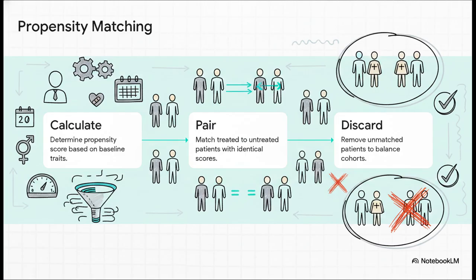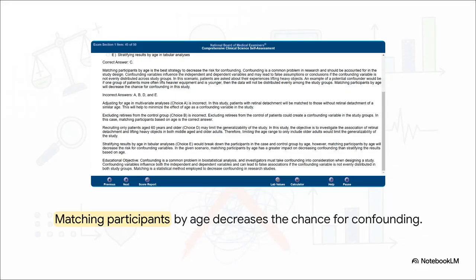Step 2. The investigator physically pairs each treated patient with an untreated patient who possesses an identical or nearly identical propensity score. Finally, and this is a big deal, they discard any unmatched patients. By matching individuals up this way, they assemble two distinct cohorts that are perfectly structurally balanced across all measured baseline characteristics. In real-world applications, the takeaway is crystal clear.